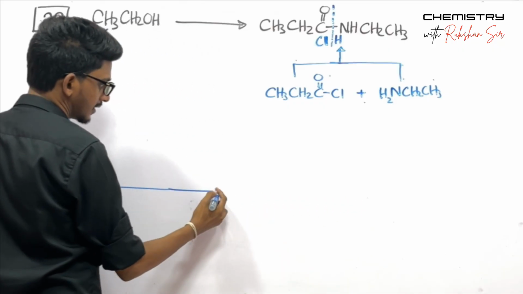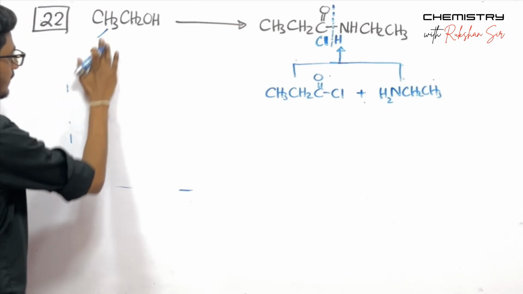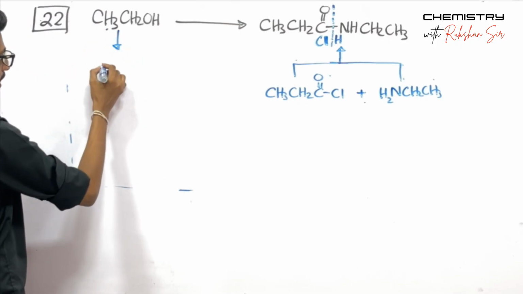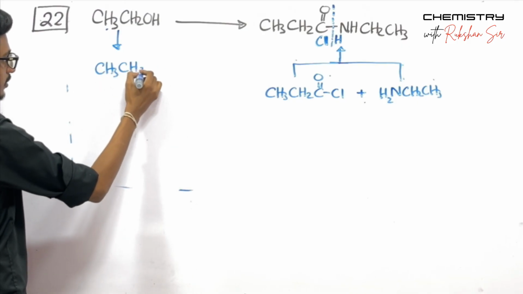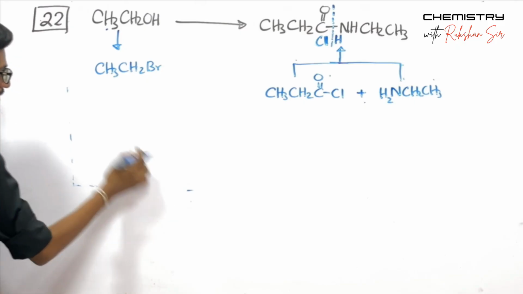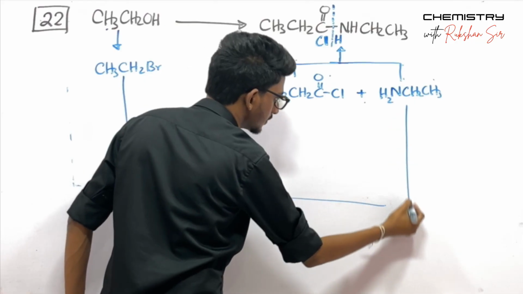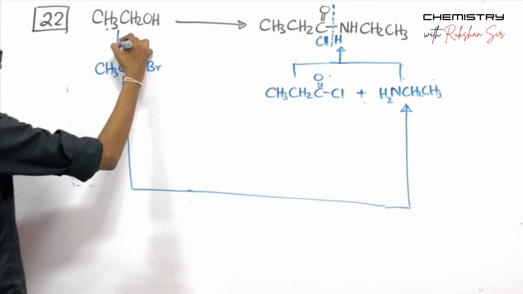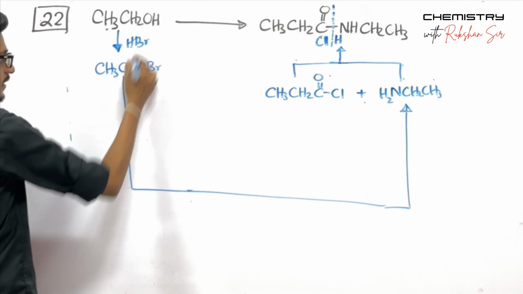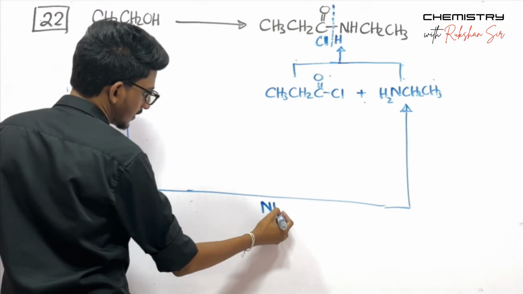First by converting it to the BR. If you want to produce NH2, you need the BR. Then that BR can be converted to NH2, right? This is just HBr, and converting BR to NH2 is just adding NH3.